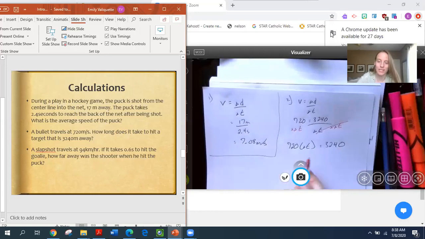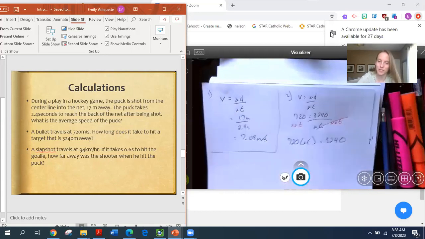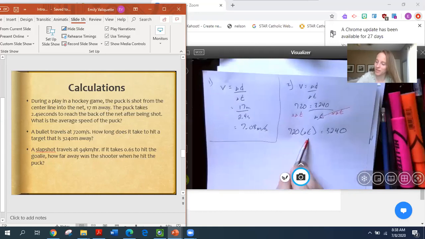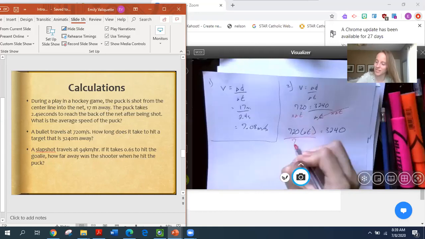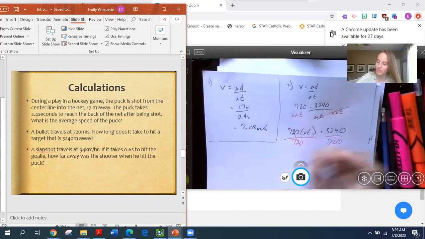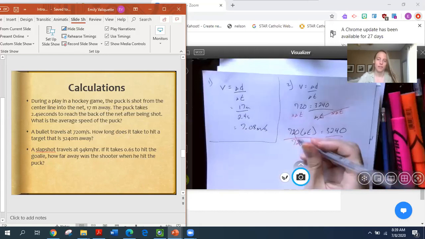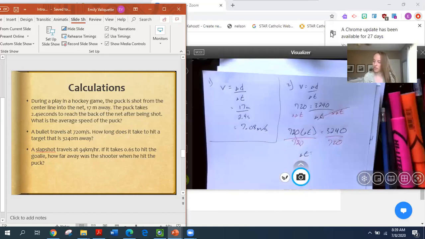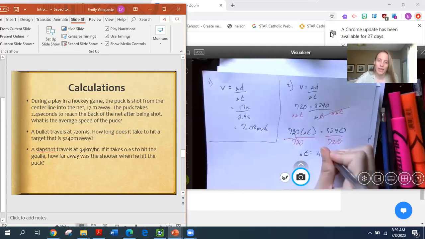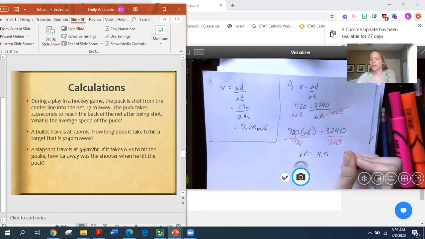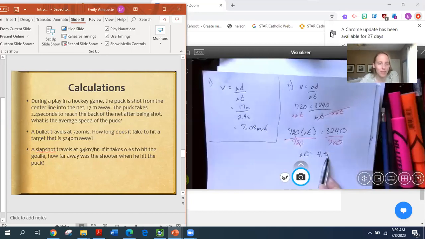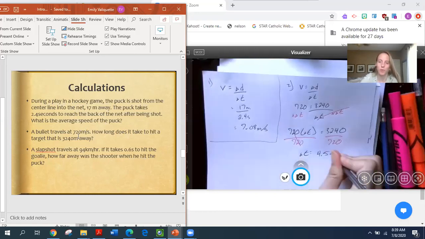And then in order to isolate our variable, right now it's multiplication, so we will use the opposite operation and divide by 720. And that will give us 4.5. And the way that we know what our units are going to be, we look at our speed, which was in meters per second. So this must be 4.5 seconds.